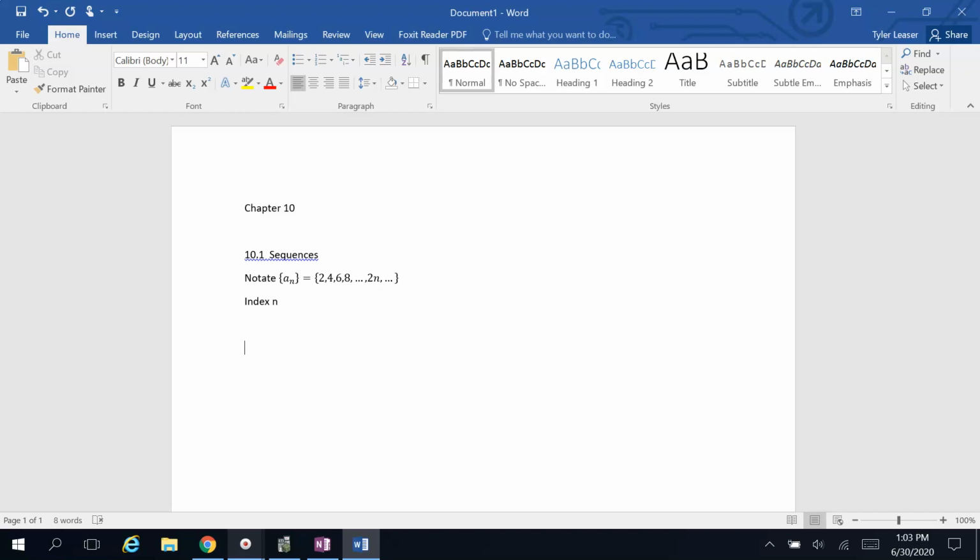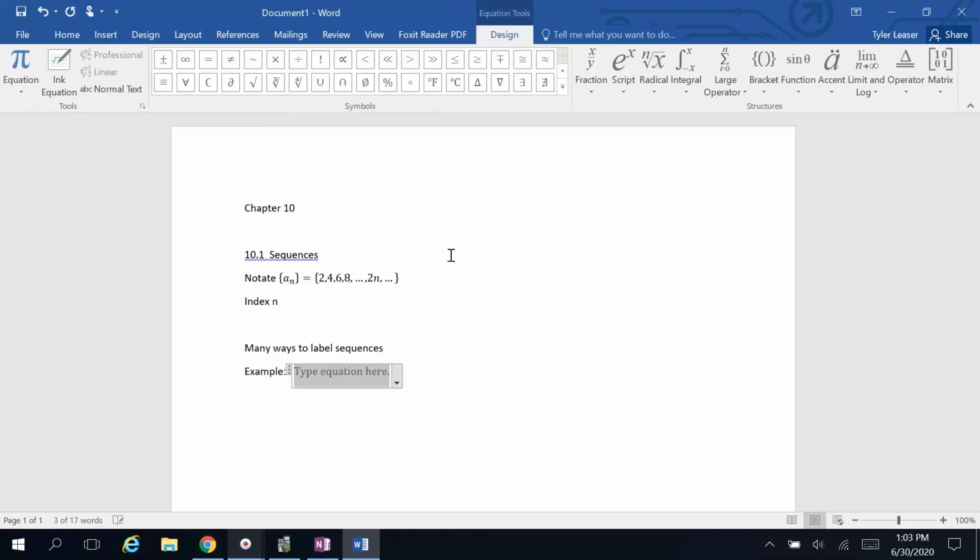When we do go into series in the next section, the index could start or stop at different locations, unless otherwise specified. I do want to point out that there are many ways to label sequences. There's not just one specific way to label it. As an example, let's say that we're looking at the sequence 12, 14, 16, 18, and then just forever and ever.